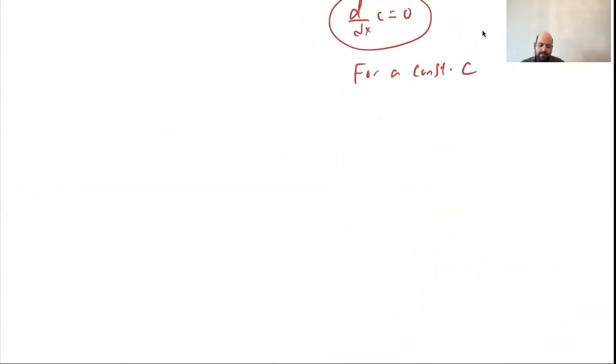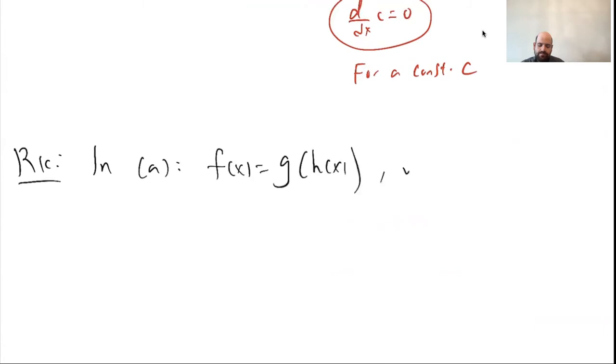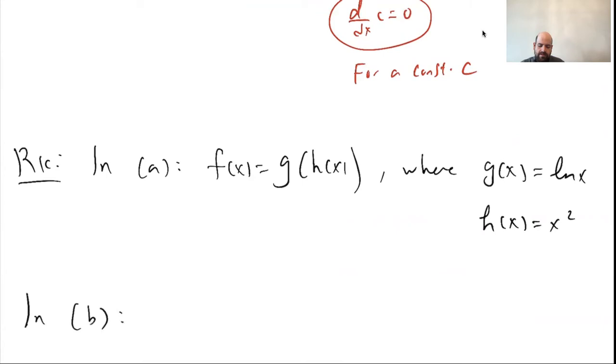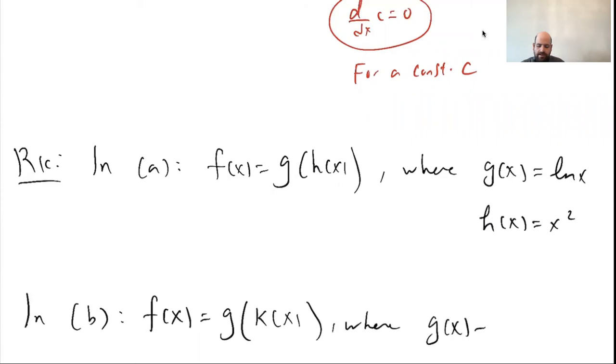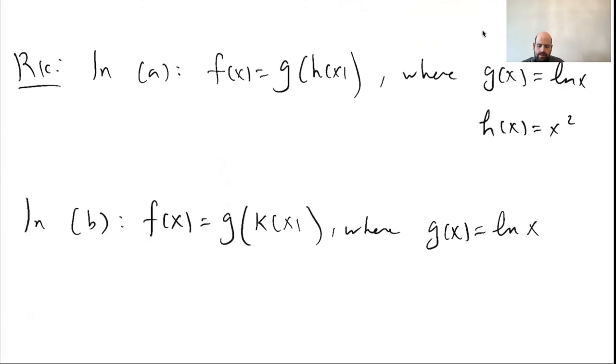So maybe I can state a remark here: in part A, we can write f of x as, let's say, g of h of x, where g of x is equal to ln x and h of x is equal to x squared. Similarly, in part B, we can write f of x as g of, let's say, k of x, where again g of x is ln x and k of x is 2x.